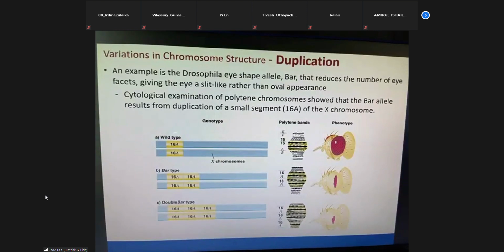Di sini 16A, they give you the normal. This is the oval. Oval punya eye kan? Kalau dia duplicate kepada 16A kepada sini, then dia menjadi slit-like dah.